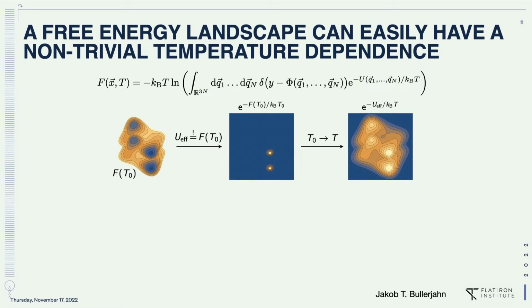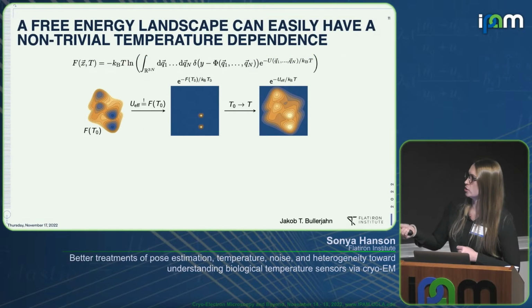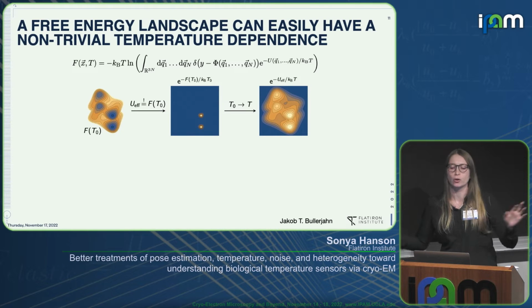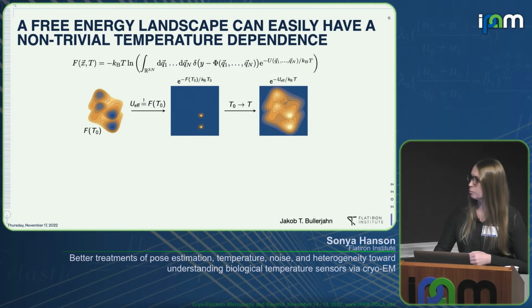Another aspect of biological temperature sensing is that when we often think about temperature, we just think about it as flattening the landscape, similar to what I showed in that Fisher et al. Nature paper, where by increasing the temperature you get a better sampling of your conformational space.